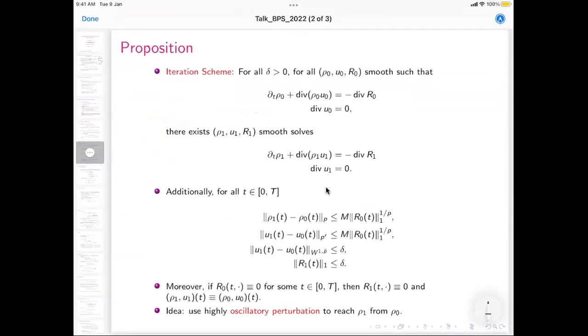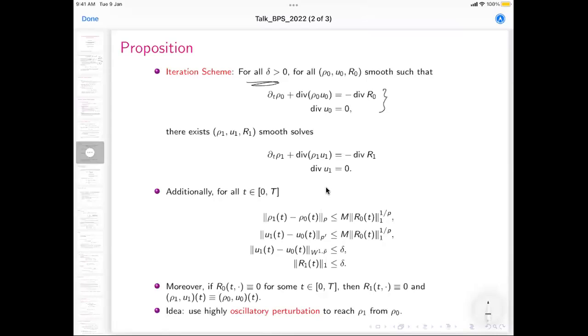How do you prove such a result, which I showed just 2 slides back? This is the main proposition. You start with any delta, and you start with a solution, not of the transport equation, but a variant of the transport equation, which is smooth in a way. Because as you saw last time, if you regularize things, then on the right-hand side you expect a term, which you can think of as a commutator.